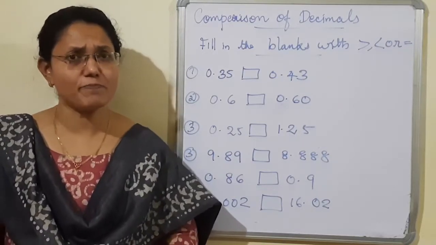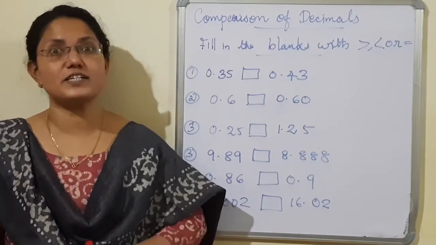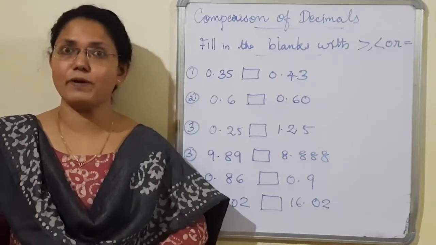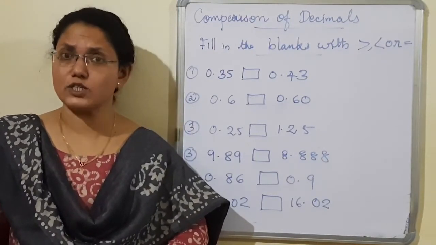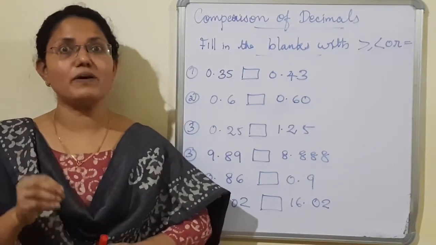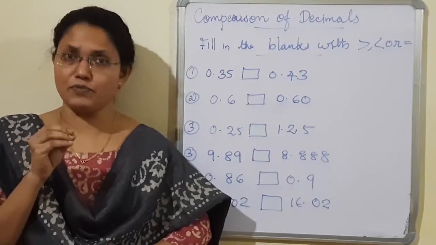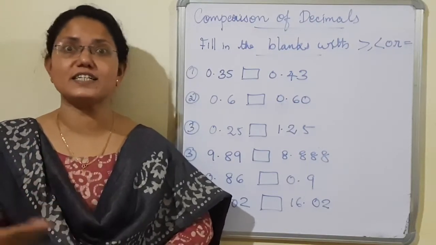If the whole number parts are equal, then only you have to compare its decimal part. If the whole number parts are different, the bigger whole number is the bigger number. That's all.